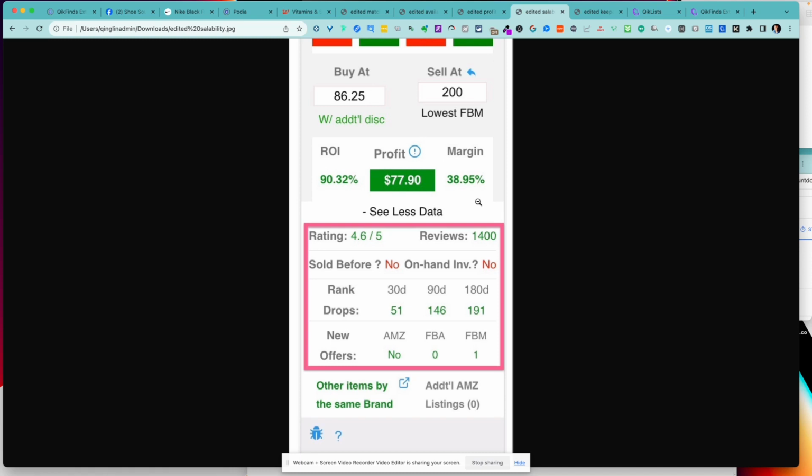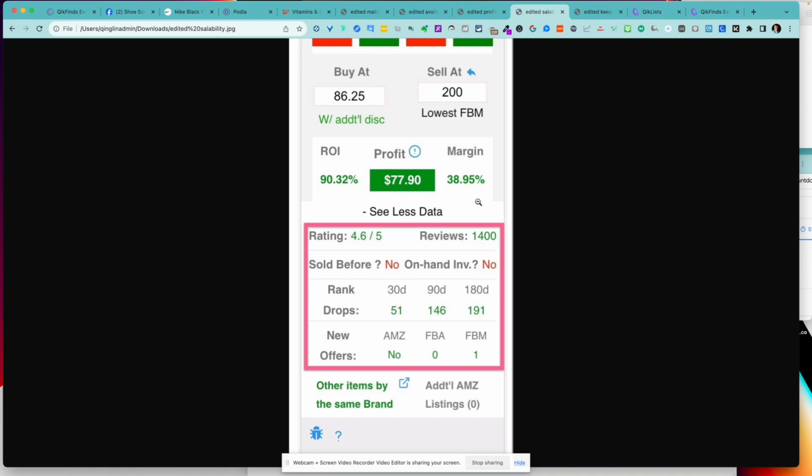For example, we know the sales rank gets updated once every hour, and when you see a drop, that means at least one unit of the item has been sold. It can be 100, it can be 13, but at least one, right?